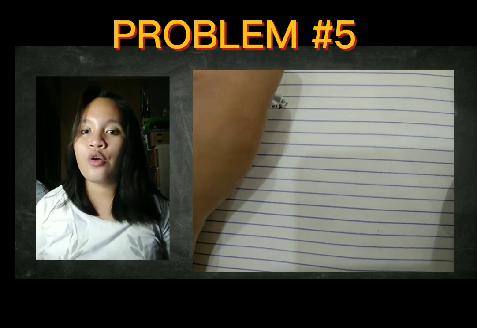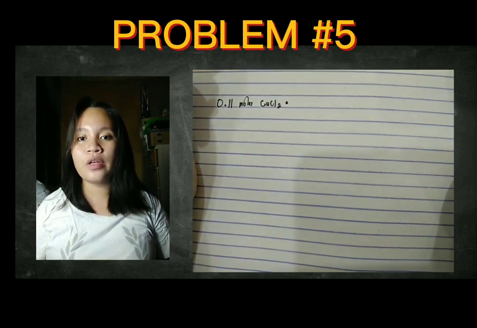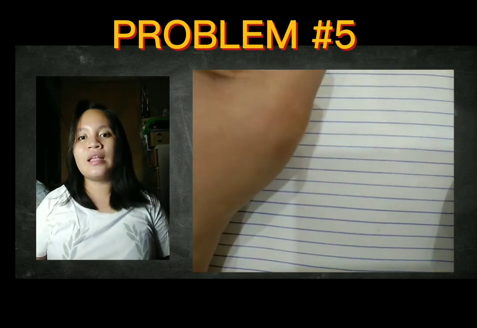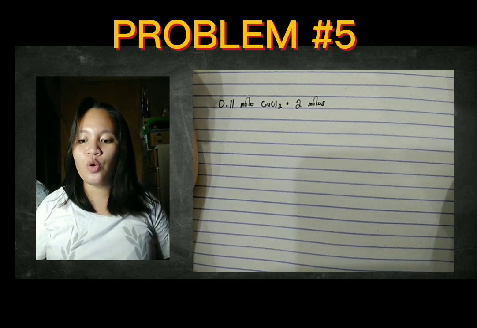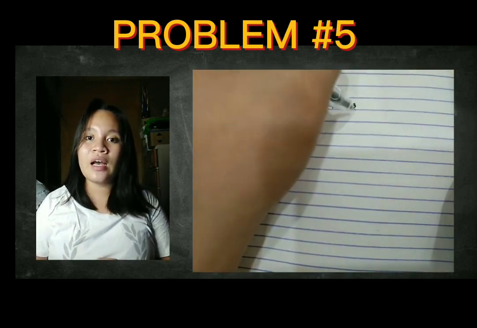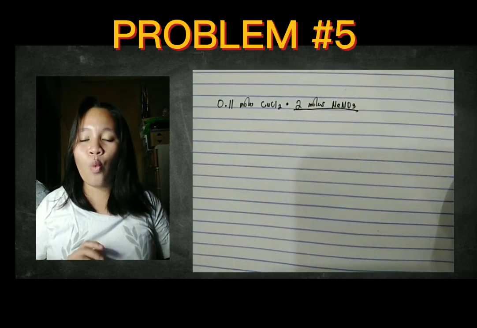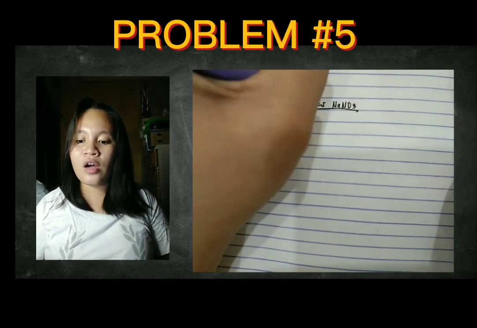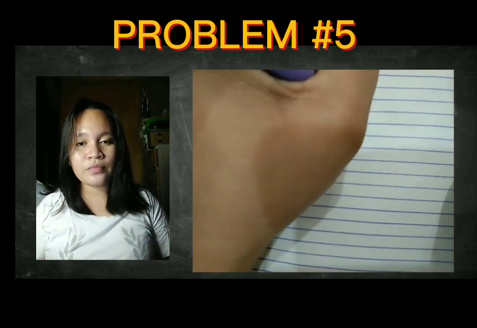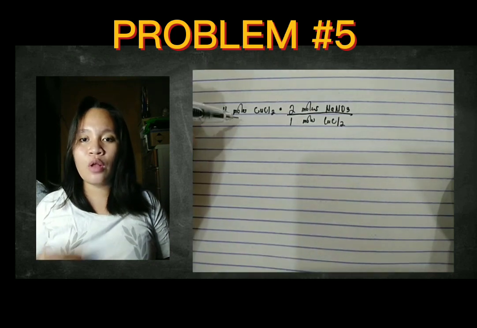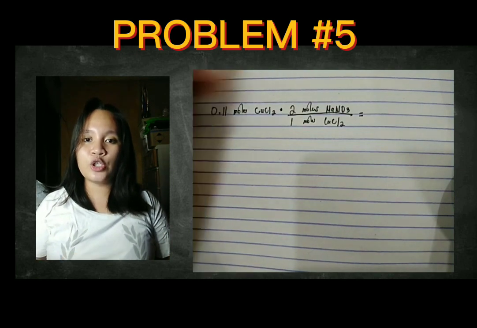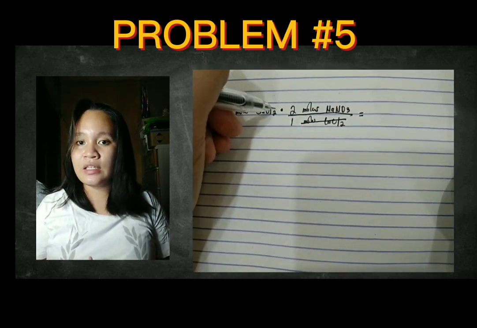First, write the given: 0.11 mole of copper chloride, multiply it by 2 moles of sodium nitrate, divide it by 1 mole of copper chloride, which can be found in the equation. Before solving for the moles needed, do the cancellation first and then proceed.